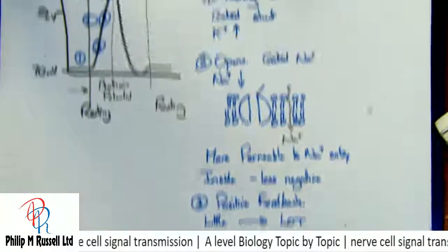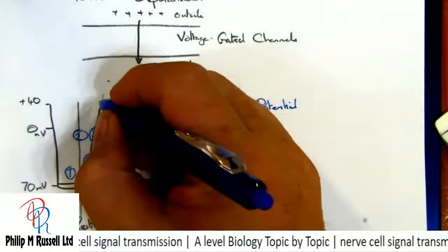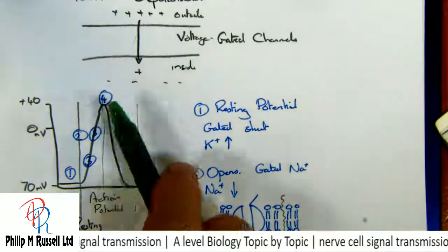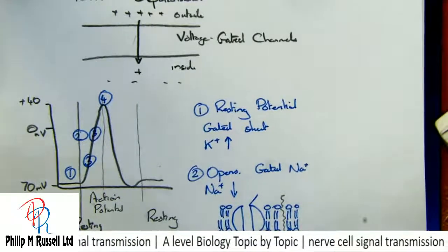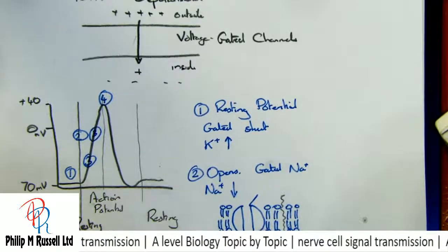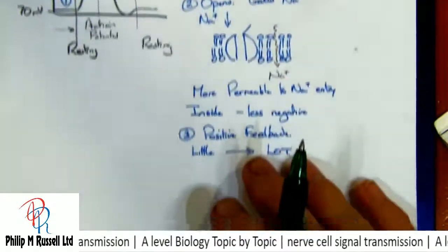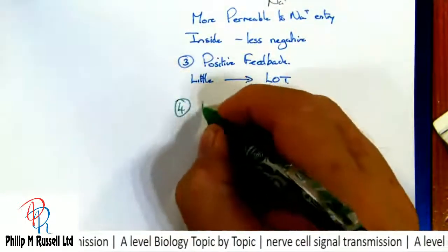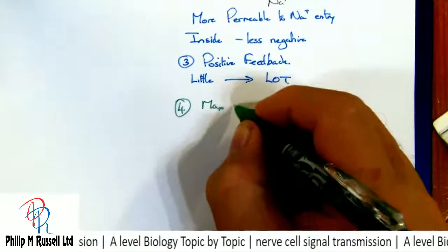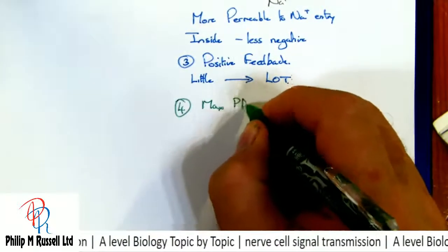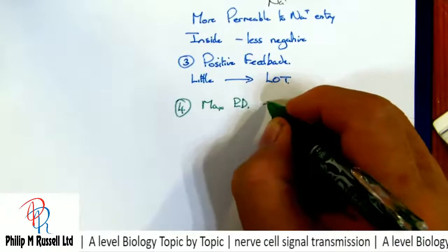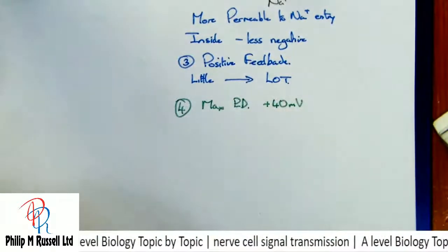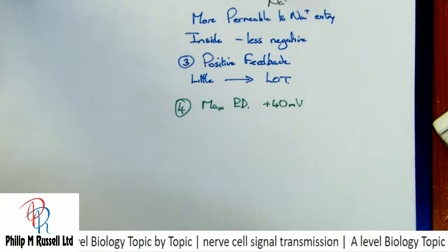Now when we reach here, number 4, this is our maximum. So when we reach 4, this is our maximum potential difference. This is now at plus 40 millivolts. Something else happens.